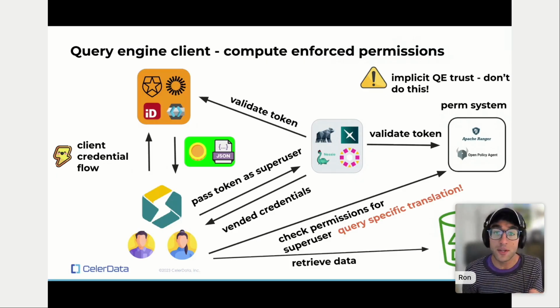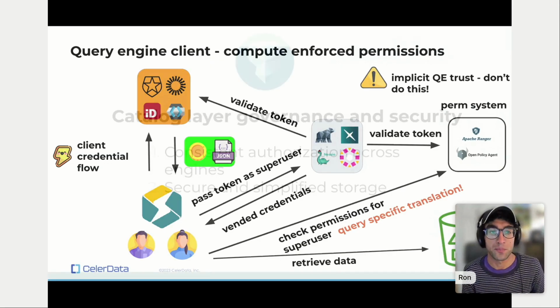So implicit trust, whole slew of issues, and two, it's query specific. So what could be an alternative? Now that this is still used across the industry in different shapes and forms, what do we want to strive towards? What can we get to?